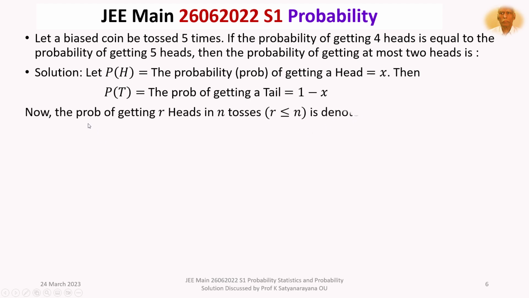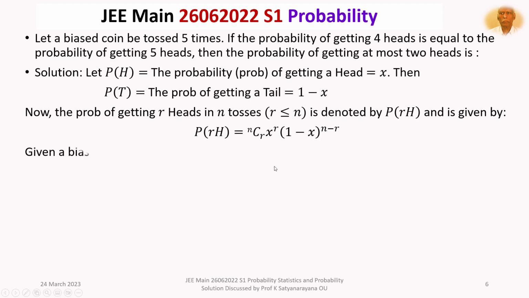Now, the probability of getting r heads in n tosses, where r is less than or equal to n, is denoted by P of r H, and it is given by nCr into x to the power of r into 1 minus x to the power of n minus r.